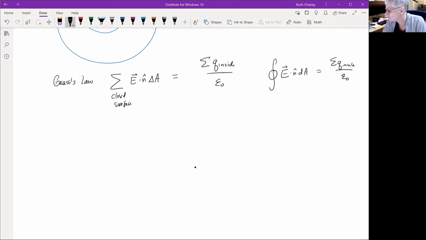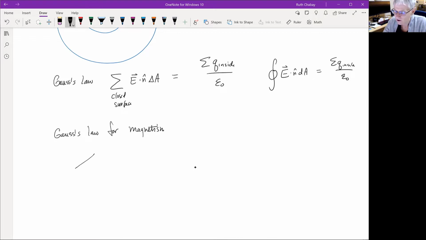Now, there's a version of this for magnetism. That has to do with magnetic fields.